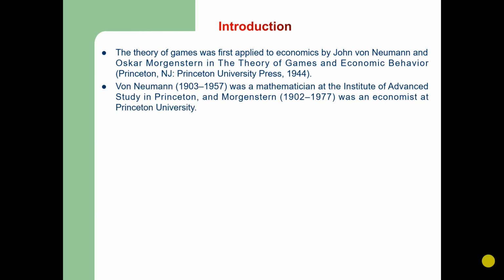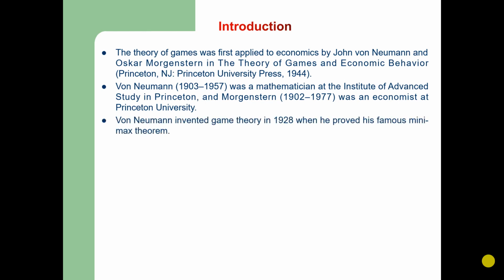As far as von Neumann is concerned, he was born in 1903 and died in 1956, and he was a mathematician at the Institute for Advanced Study in Princeton, whereas Morgenstern was born in 1902 and died in 1977, and he was an economist at Princeton University as well. So both of these gentlemen belong to Princeton University. Von Neumann invented game theory in 1928 when he proved his famous minimax theorem.